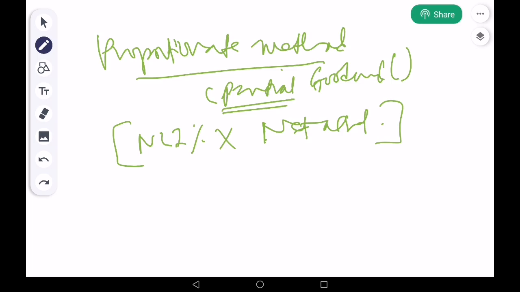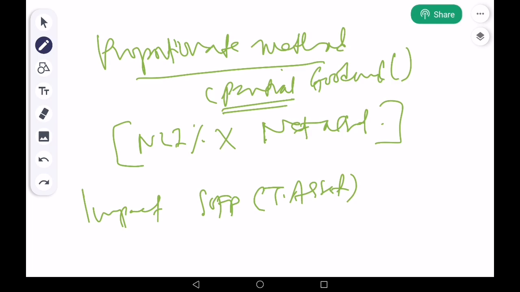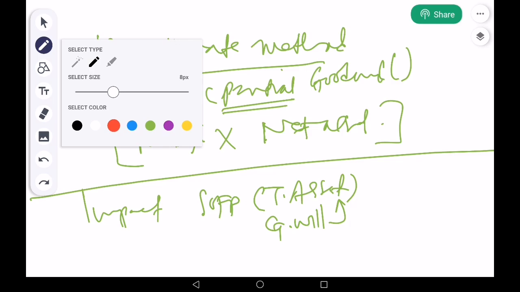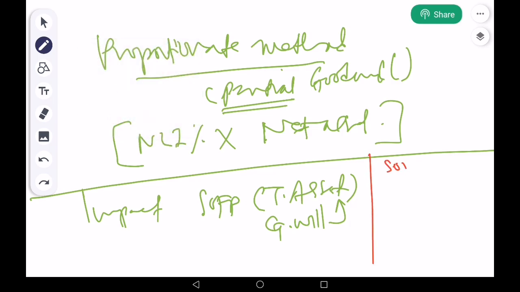So class, what is the impact to SOFP of these two methods? First, in terms of total asset, because goodwill is part of total asset. So how, class? When you use the fair value method and measure at fair value, if the share price of the subsidiary is high, it is possible your NCI is high.